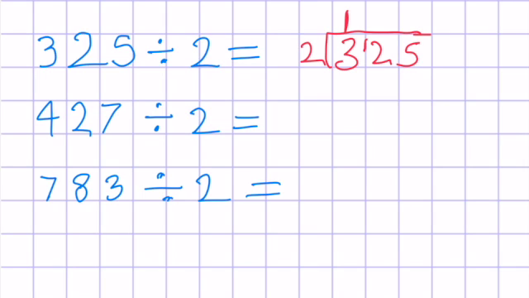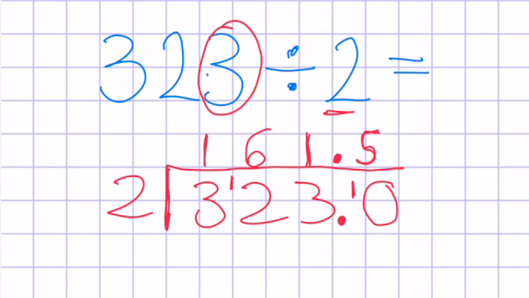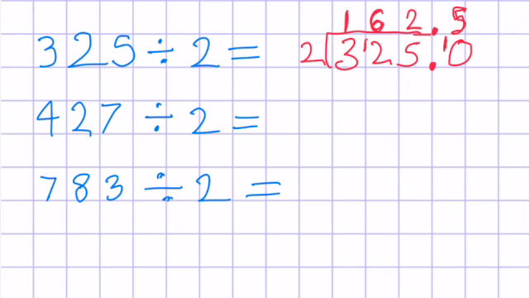This is just like the one we've just done. 2 goes into 12 6 times. 2 goes into 5 2 times, because 2 times 2 is 4 with a remainder of 1. So we put our 0 here, 1. 2 goes into 10 5 times. So it's 162.5. Last answer was 161.5.